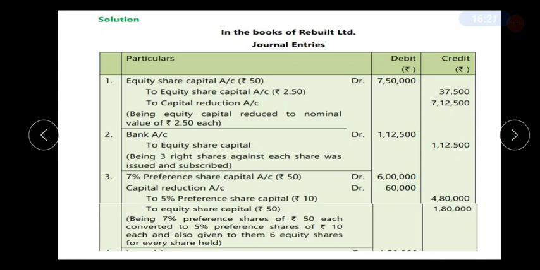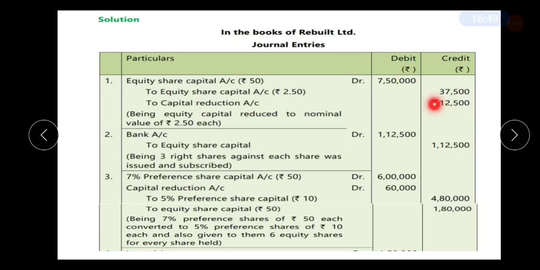To what? In exchange, we are issuing new shares, that is for rupees 2.50. We are going to credit it because it is being added newly. It's a new capital which is being added. So to equity share capital account, 15,000 equity shares into 2.50 each will get 37,500.